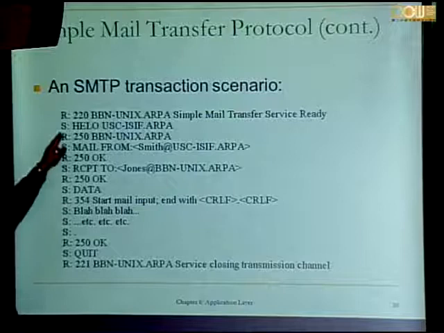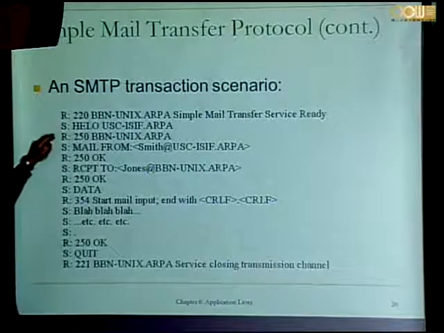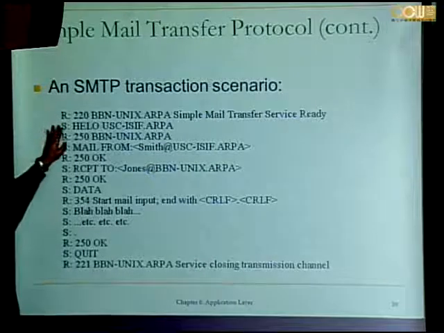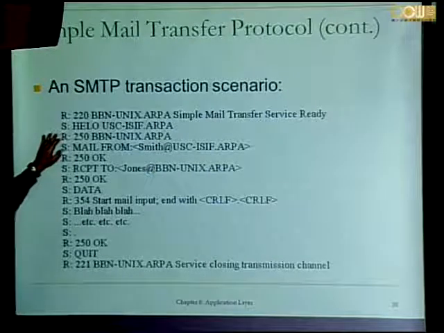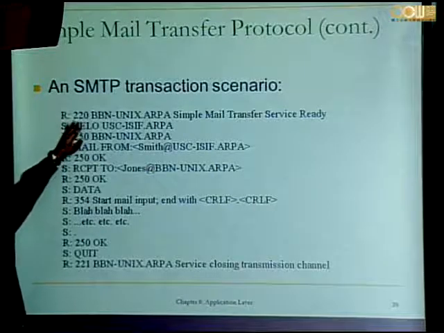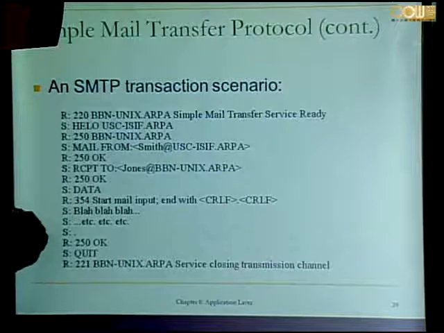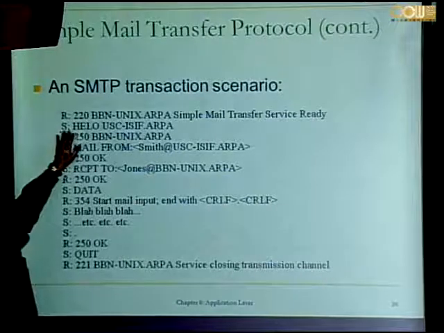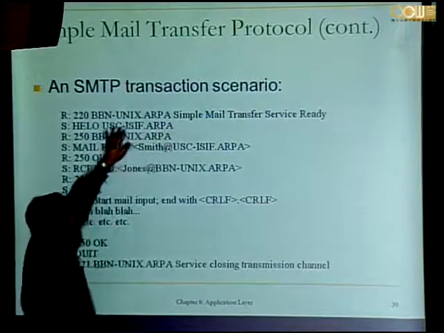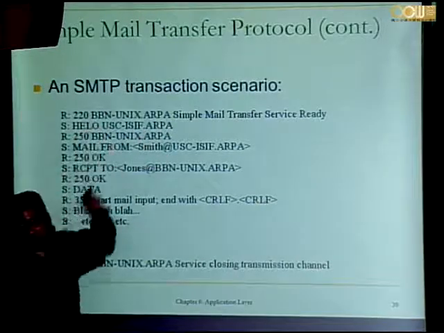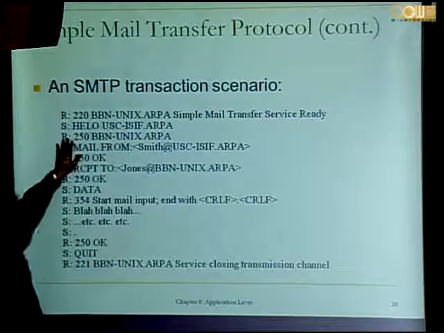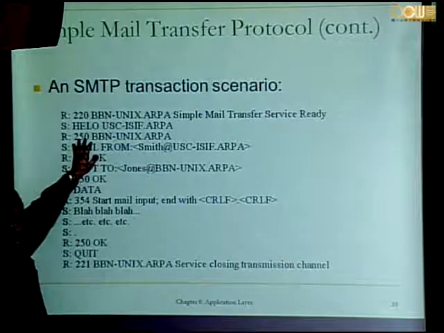R stands for receiver, S stands for sender. So the receiver sends 200 something. It means it's ready. It's okay now. So the sender sends hello with its domain name. It identifies itself. And then the receiver responds with 250.